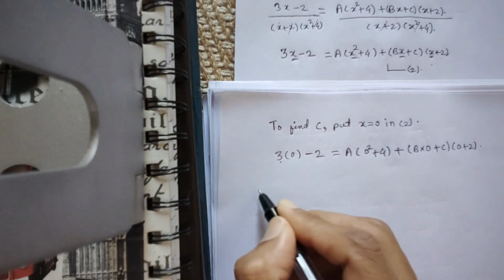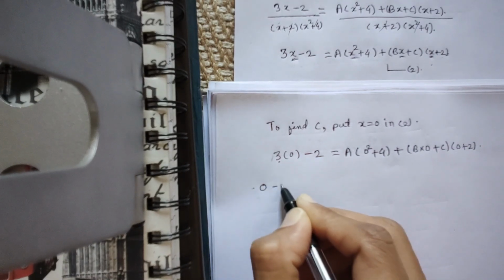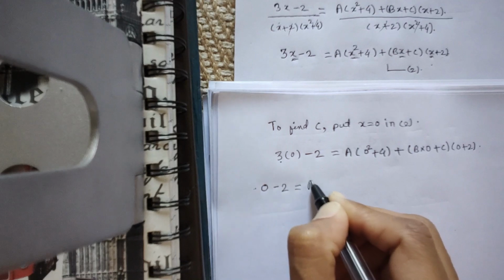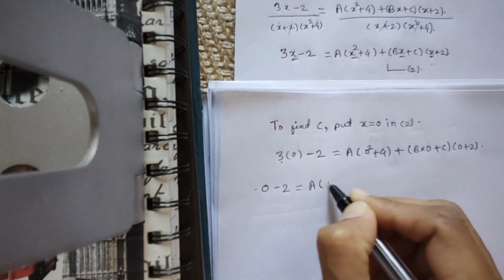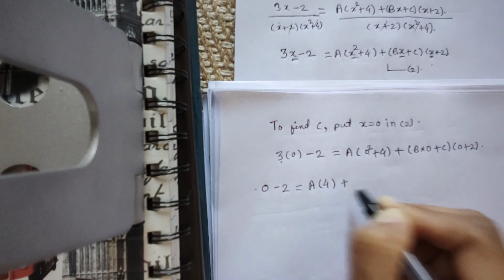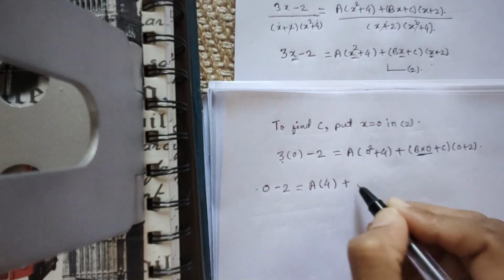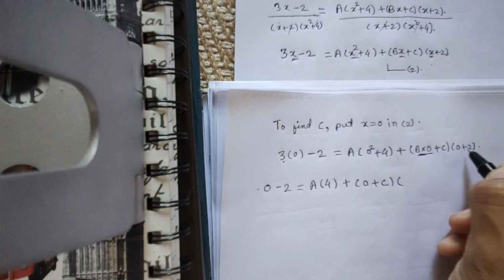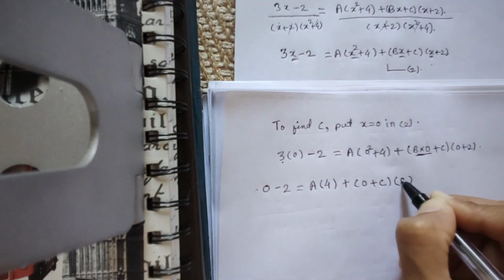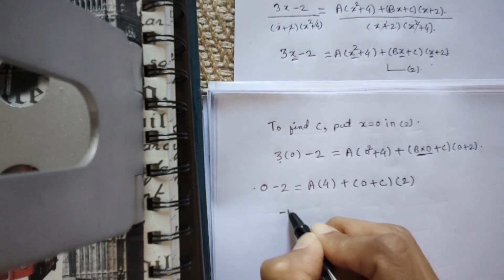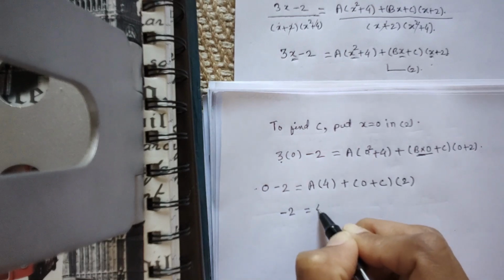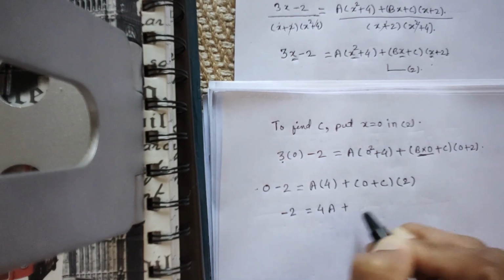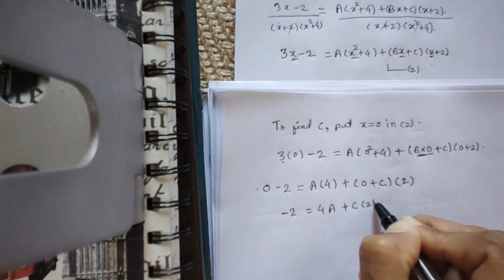So 3 into 0 is 0, minus 2 equal to a into 0 plus 4, that is 4a, plus b into 0 is 0, plus c into 0 plus 2, that is 2. So minus 2 equal to 4a plus c into 2.